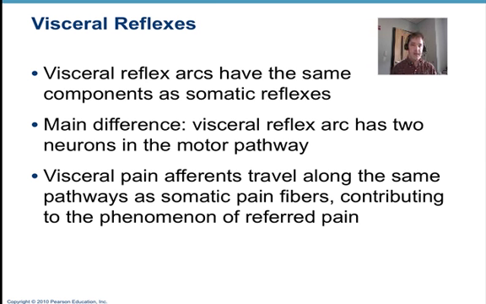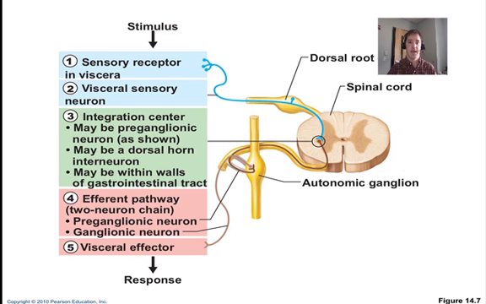The main difference is that we usually have two neurons in the motor pathway. And visceral pain afferents, things that transmit the sensation of pain from your viscera, travel along the same pathways as somatic pain fibers. So sometimes you can get a phenomenon called referred pain.